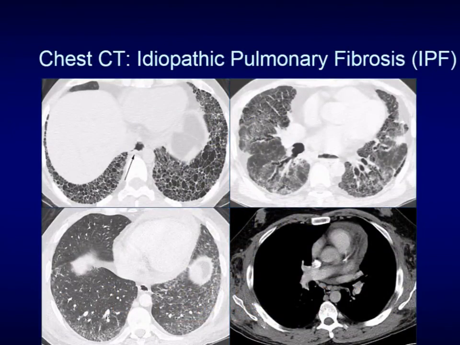So here we just have a couple cases. All are path-proven UIP. Here we see a person with a dilated esophagus, and this is what I mean by looking at these ancillary findings for clues. You see a basal predominant disease, reticulation, and honeycombing, and with a dilated esophagus, this was diagnosed as scleroderma.